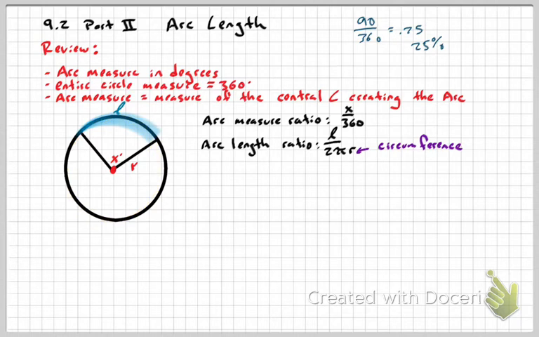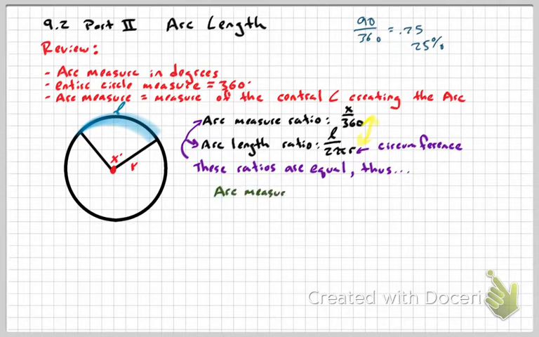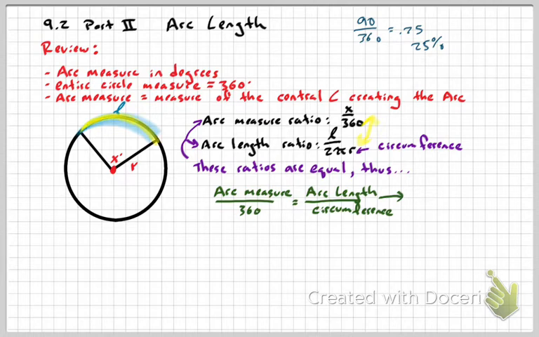And so these two ratios are representing the same percentage of the circle that's being covered. So we can then say that arc measure divided by 360's percentage is going to equal arc length divided by the circumference percentage as well, because again, they're representing the same piece of the circle.